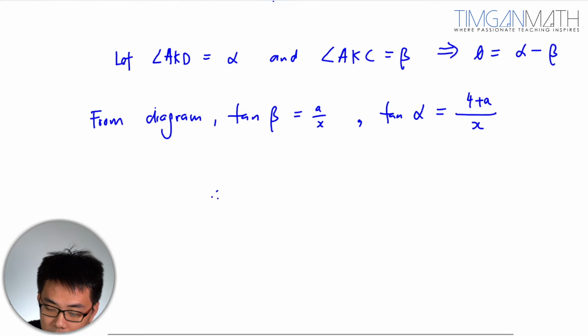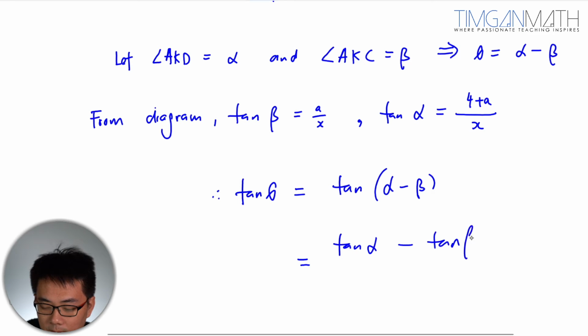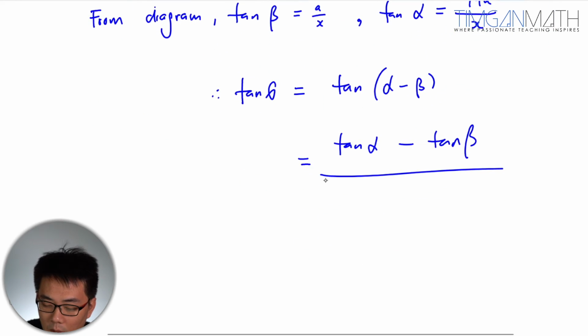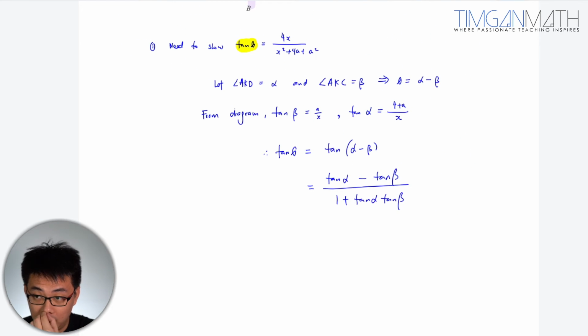Hence, tangent theta equals tangent of alpha minus beta, which is tangent alpha minus tangent beta over 1 plus tangent alpha tangent beta.